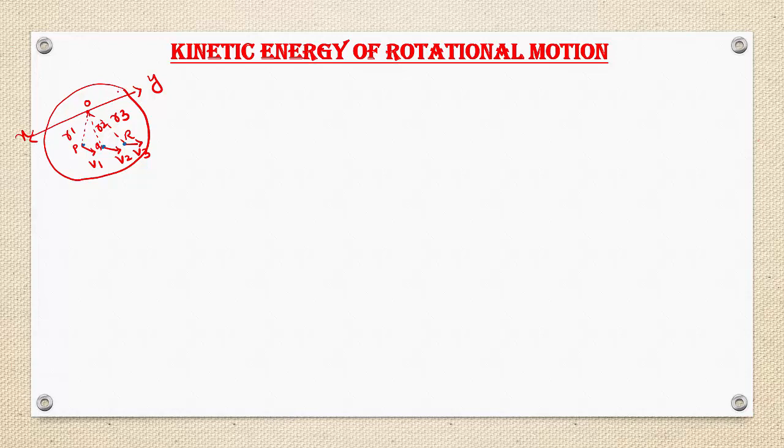This XY axis is passing through the point O. Let the particles P, Q, R have masses m1, m2, m3. These are at the distances r1, r2, r3 from the axis of rotation. Now these are moving with velocities v1, v2 and v3.